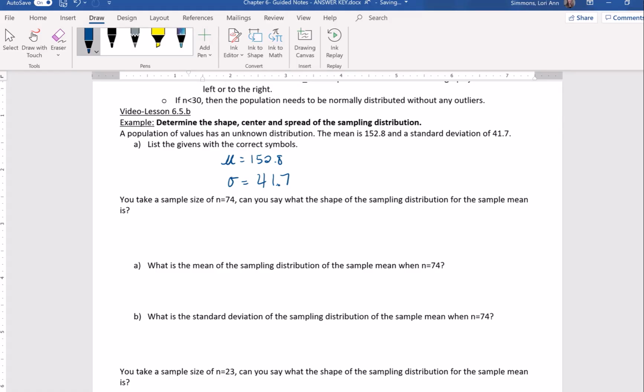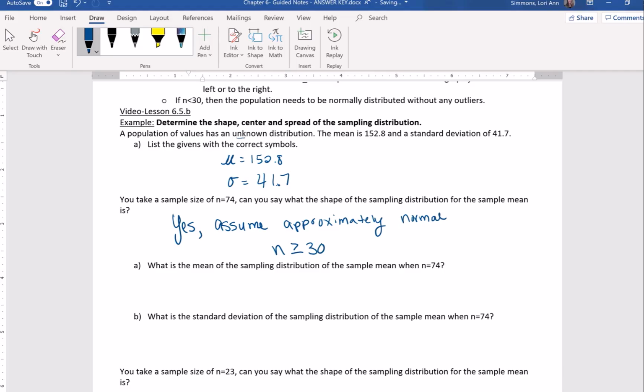Can you say what the shape of the sampling distribution for the sample mean is? The distribution for the sample mean will be approximately normal, right? So yes, we can assume approximately normal, because n is greater than or equal to 30.